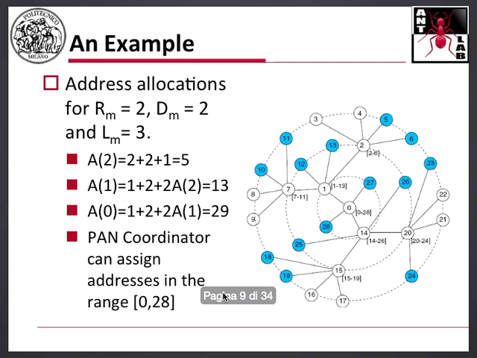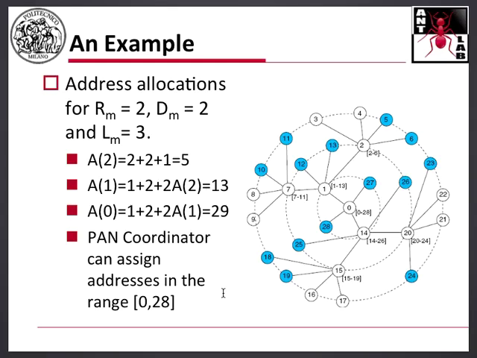If you look at the figure, you have an example also on how these addresses are assigned. In the sense that if we start from 0, so if we start from the ZigBee coordinator, we know that this guy here has a set of addresses which can be assigned, which spans from 0 to 28, which is 29 addresses in total. 0 is taken by the node itself, and then the remaining part is assigned to the children nodes.